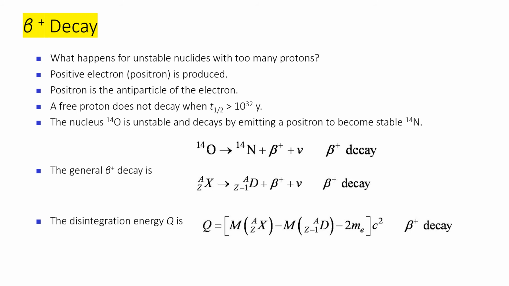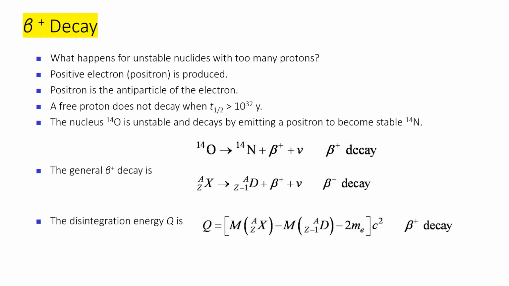The positron is the antiparticle of your electron. In beta decay, the electron and positron are normally referred to as beta minus and beta plus decay respectively. That's why it's called beta minus, because it emits an electron. It's a beta plus decay because it emits a positron.